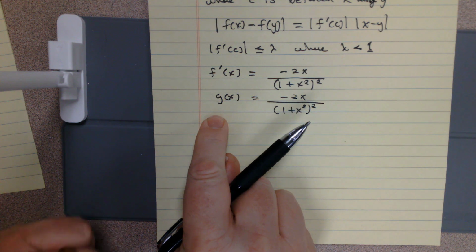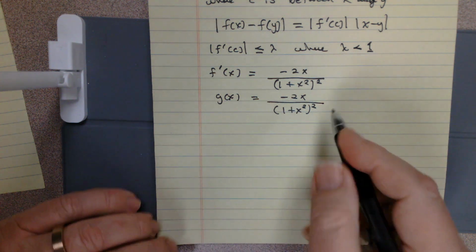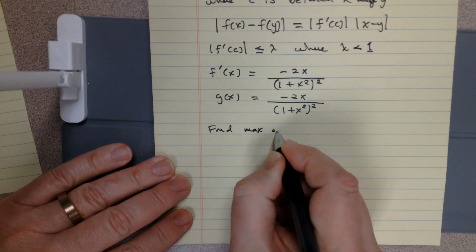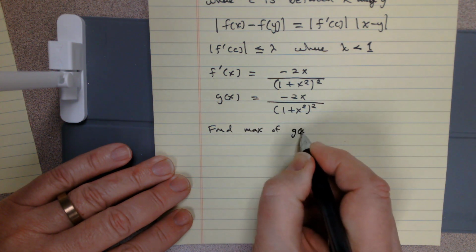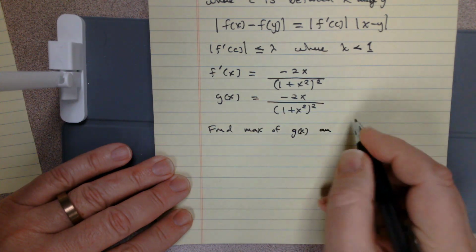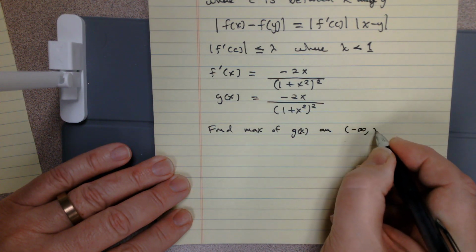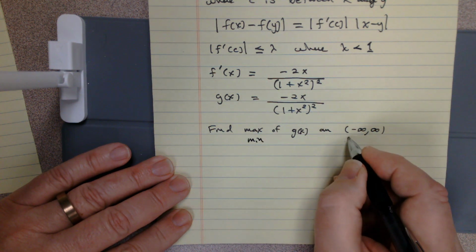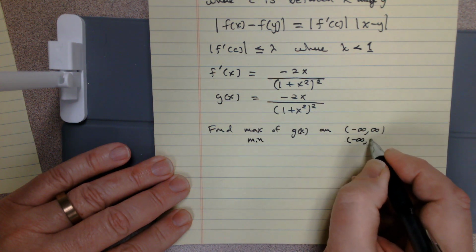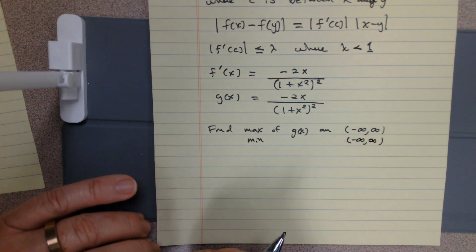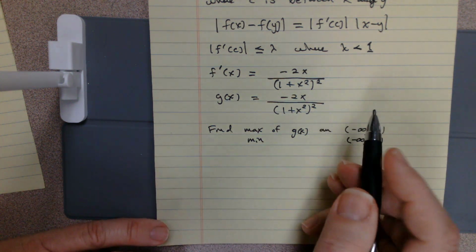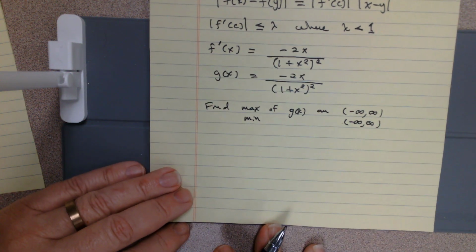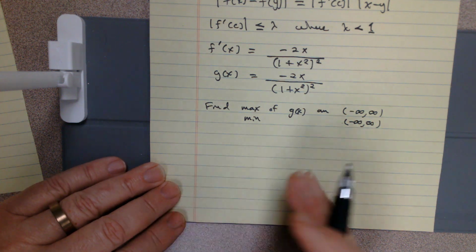To find the maximum value, we find the max of g of x on negative infinity to infinity, the real line, and also the minimum of g of x on the real line. We'll be able to do this just using calculus.